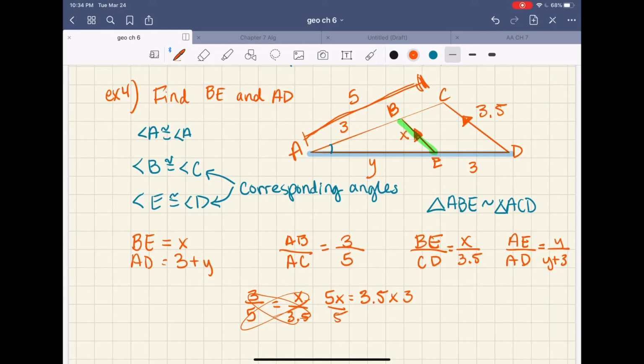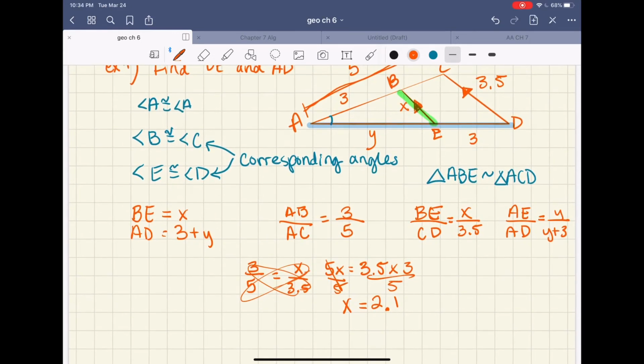When you divide by 5, you're going to get x equals 2.1, sorry. So that is what BE equals. Ta-da! 1 down.